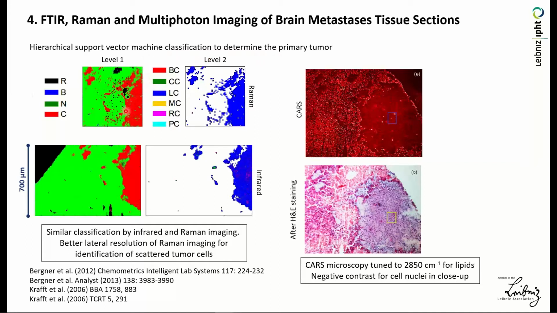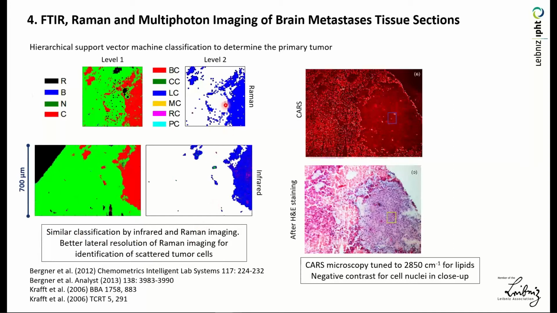In the first step, we identified the carcinoma spectrum, in red, from a Raman image and from an FTIR image, and these data were subjected to a second support vector machine to identify the primary tumor, and the blue color indicates that the primary tumor is a lung carcinoma. And both Raman and also infrared spectroscopic imaging gave a similar classification.